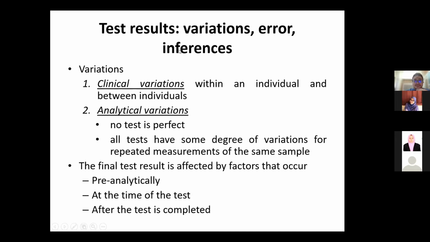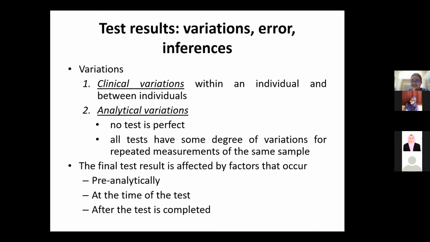So for test results, there can be variations, errors, and then inferences. The variations related to our test results are mainly due to clinical variations or analytical variations.